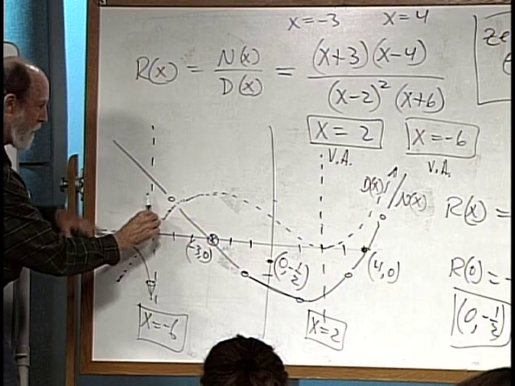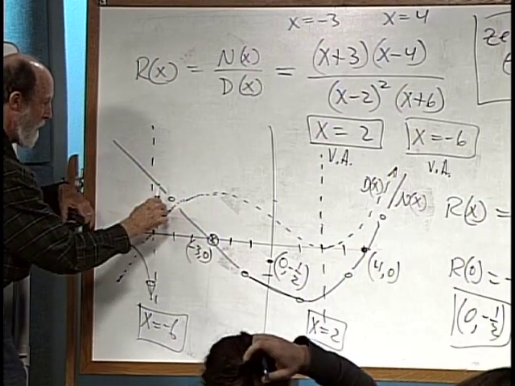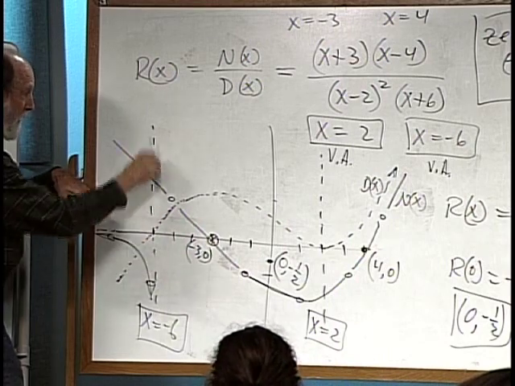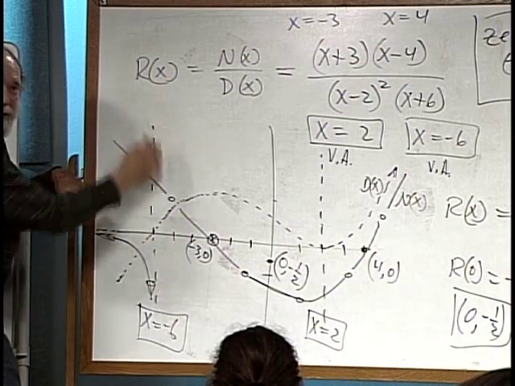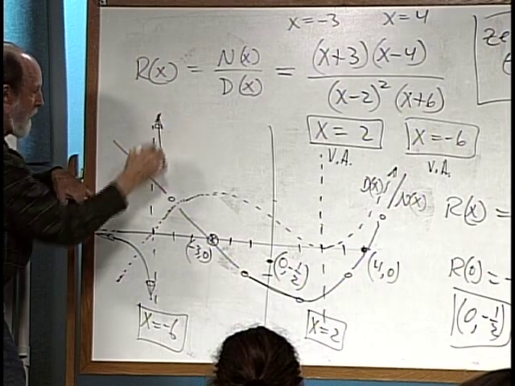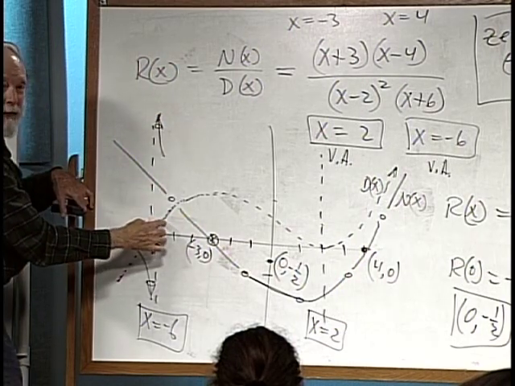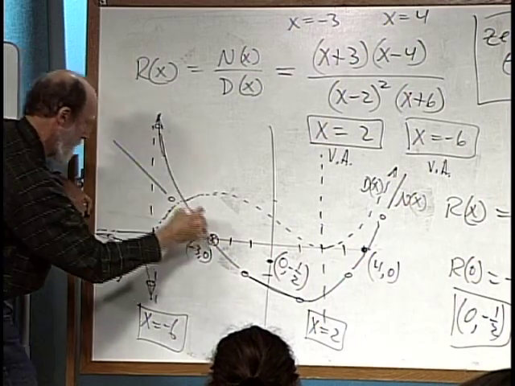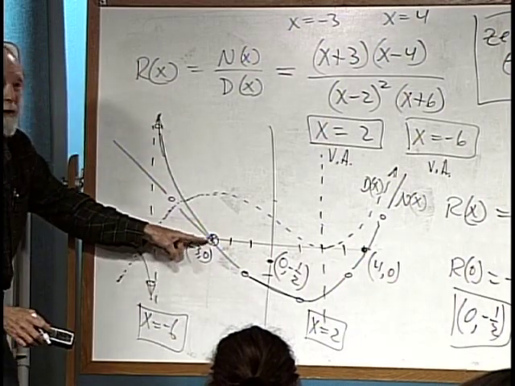Now, look in this region in here, folks. Positives divided by positives. And near a vertical asymptote, it has to either blow up or blow down. So it has to blow up on this side because of the nature of positive divided by positive. And then we've got a 0 here.